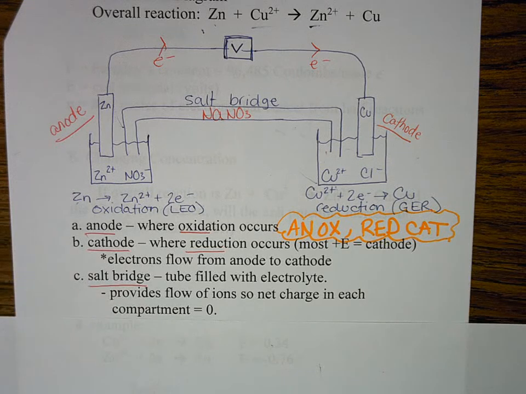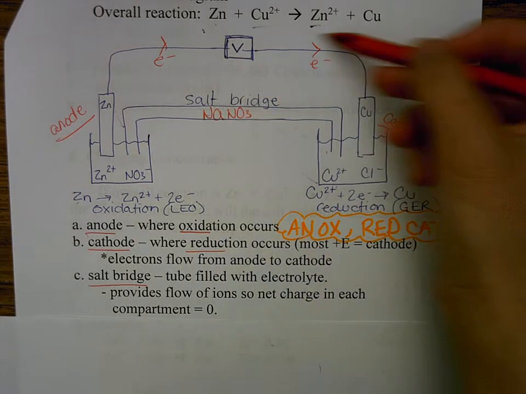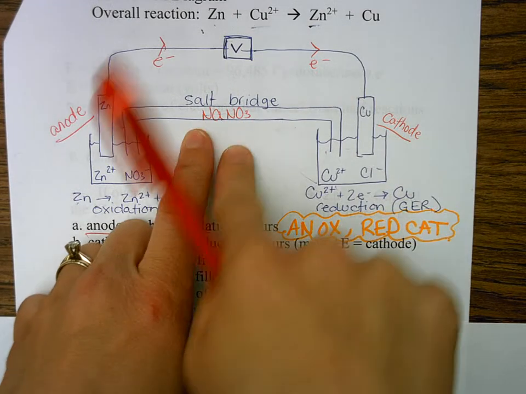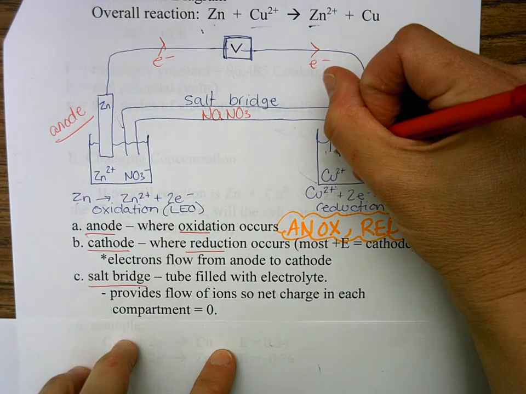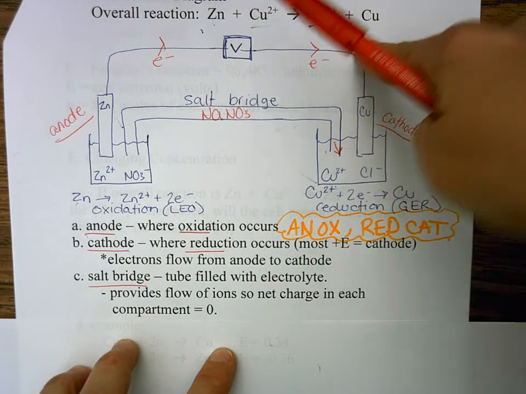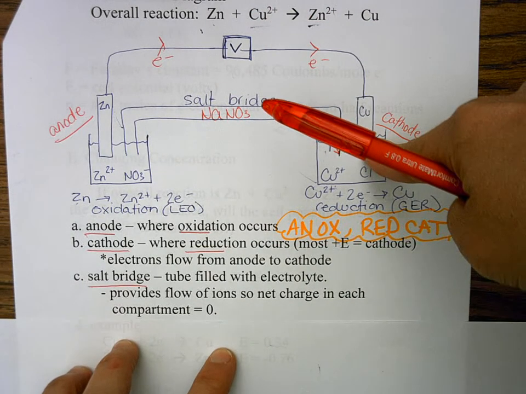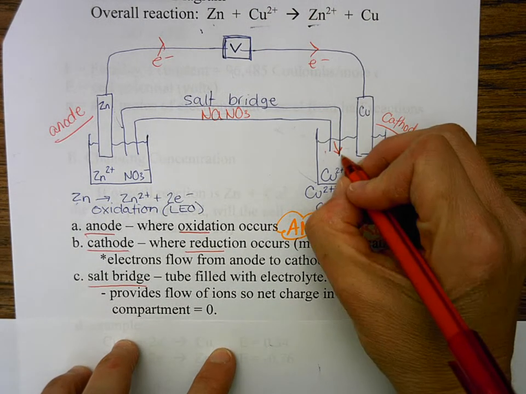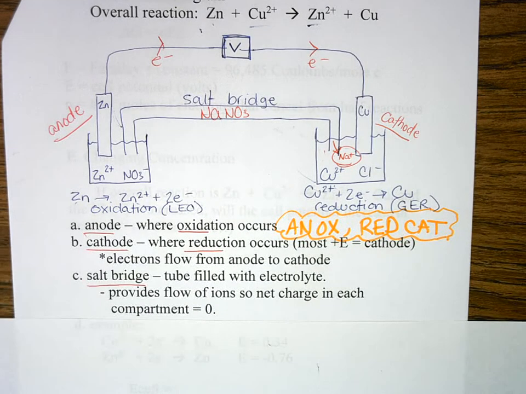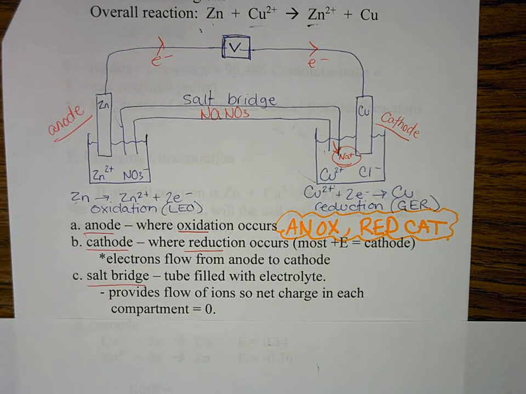Since I'm gaining electrons over here on the right side, one of the sodium nitrate ions is going to come in and be added to this solution to balance out the charge. Since I'm gaining negative charges, I have to have positive ions enter that solution to balance out that charge and make the whole thing neutral.